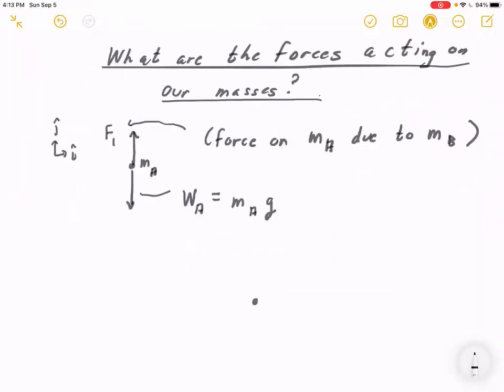Now, mass sub B, it's a little bit more interesting. There's a few more things happening here. First of all, mass sub B, just like the previous problem, has a normal force on it. So this is the force on mass sub B due to the table.